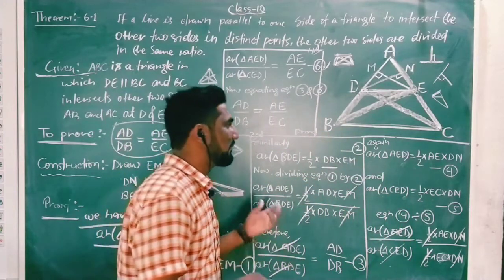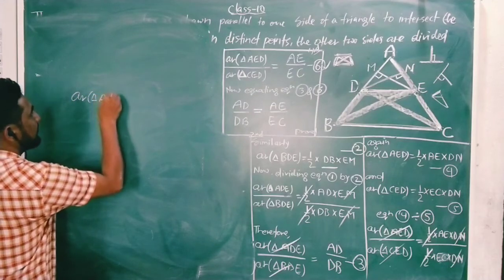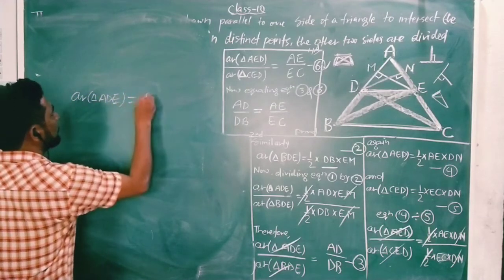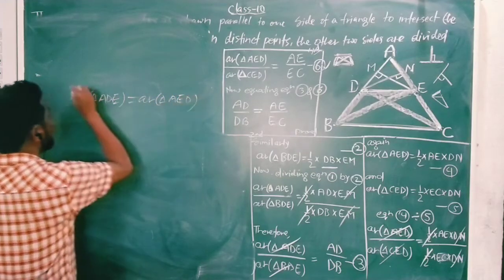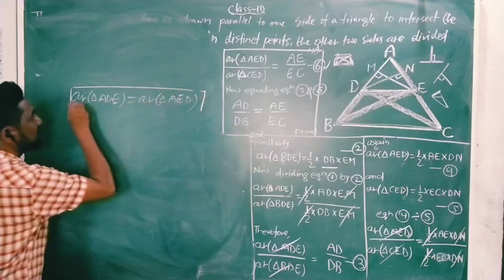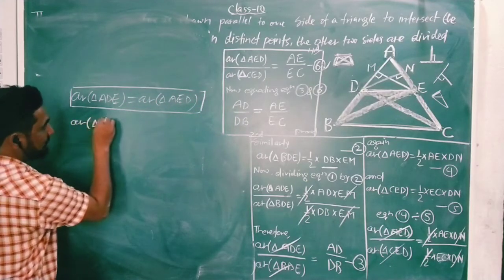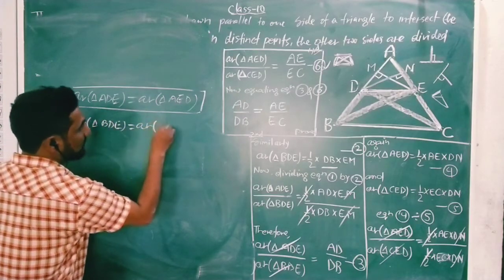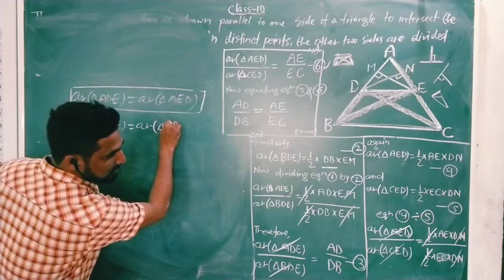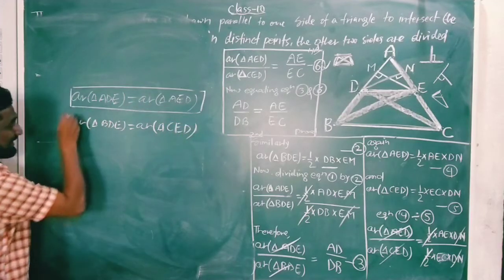So let us have a look. Area of triangle ADE is equal to area of triangle AED. You must be watching, these two are equal only, so no need to write anything. But for triangle BDE we'll write, area of triangle BDE is equal to area of triangle CED. So why they are equal?